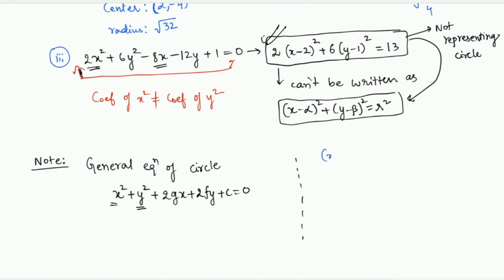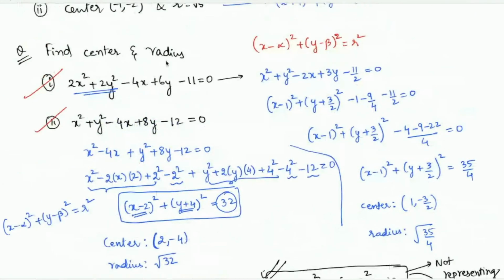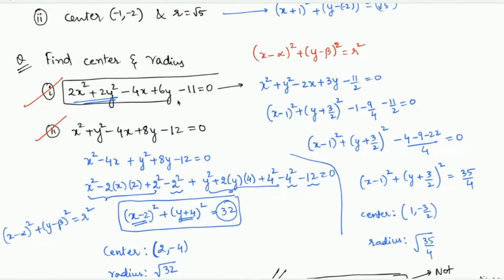See, any circle equation will be in the form x minus alpha whole square plus y minus beta whole square equals r square. All right. So when I simplify it, I'll get x square, I'll get y square, and I'll get something into x, something into y, and some constant. So any circle equation will be in this form. Suppose if this is given, 2x square plus 2y square, here also we have a circle equation.